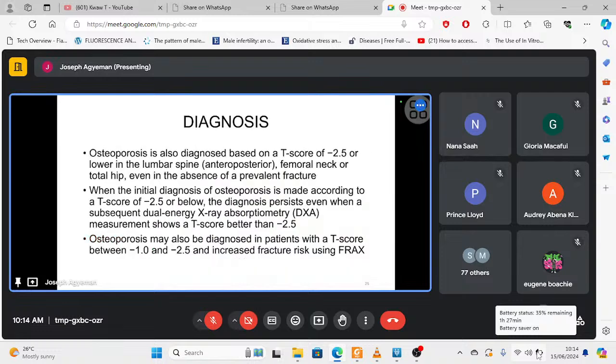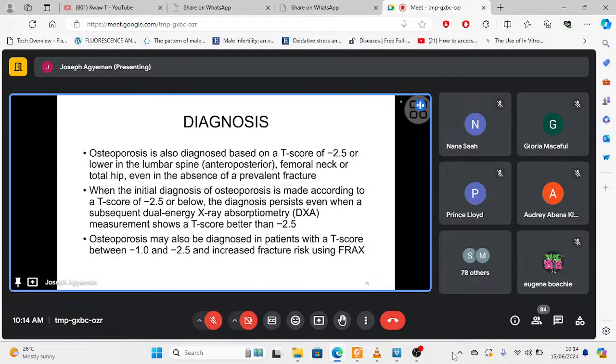Again, osteoporosis is also diagnosed when the person's T-score, that is the bone mineral density, how it deviates from the average, is negative 2.5. It deviates below the mean by negative 2.5 or even more.